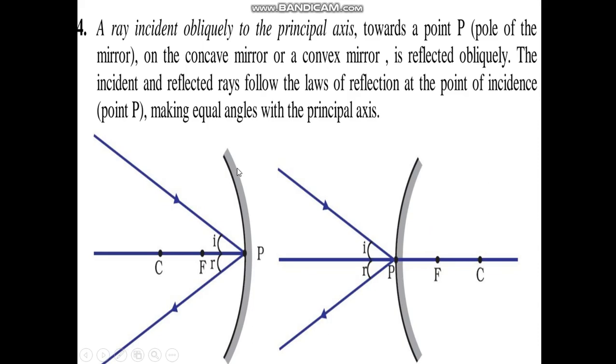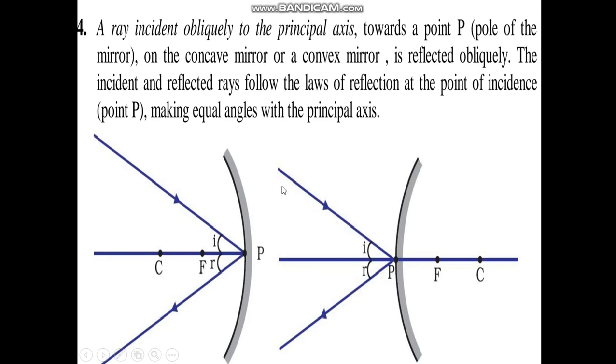Fourth rule is, when the incident ray is obliquely passing through the principal axis or pole, then it will reflect by making the same angle, that is, the angle of reflection will be the same as the angle of incidence, and it will obliquely pass in this direction. So this is making equal angles with the principal axis. So this is the fourth rule.